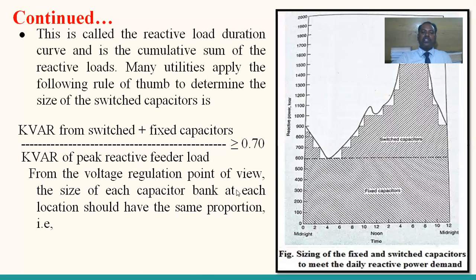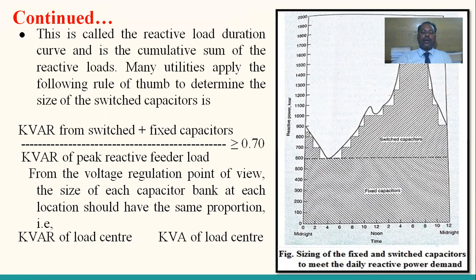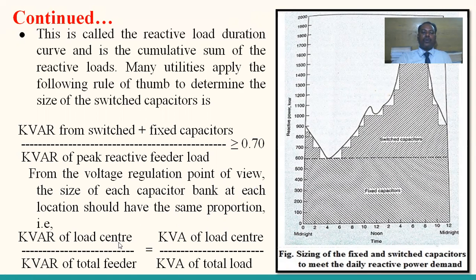From the voltage regulation point of view, the size of each capacitor bank at each location should have the same proportion, that is kVAR of load center by kVAR of total feeder is equal to kVA of load center by kVA of total load.